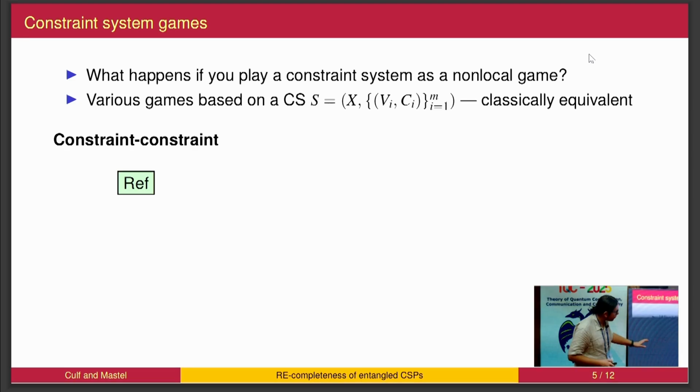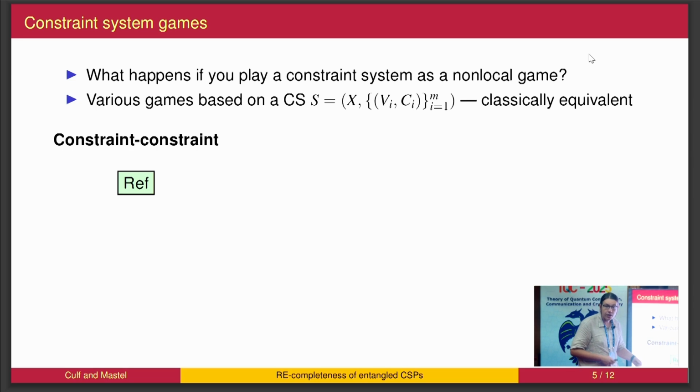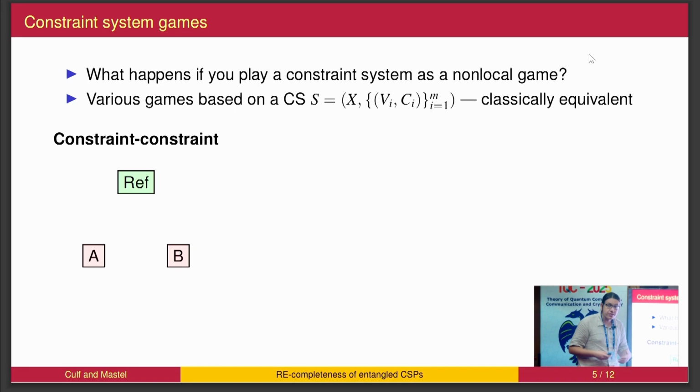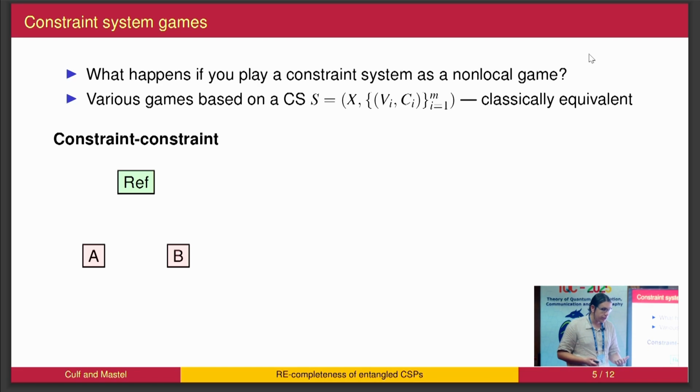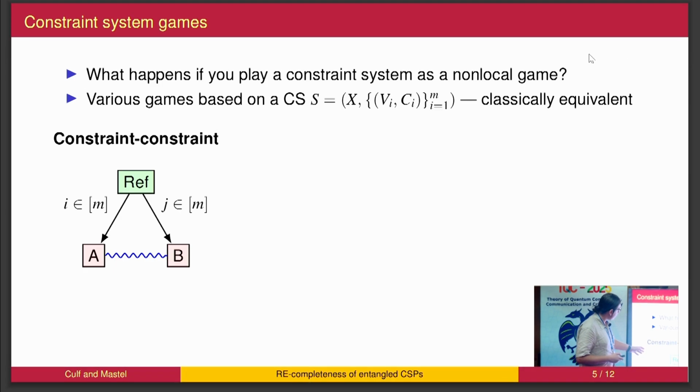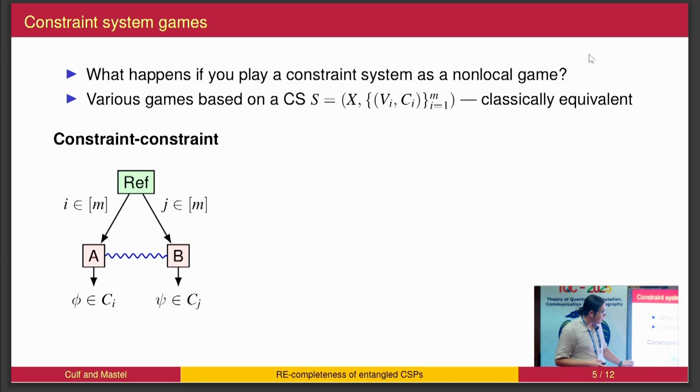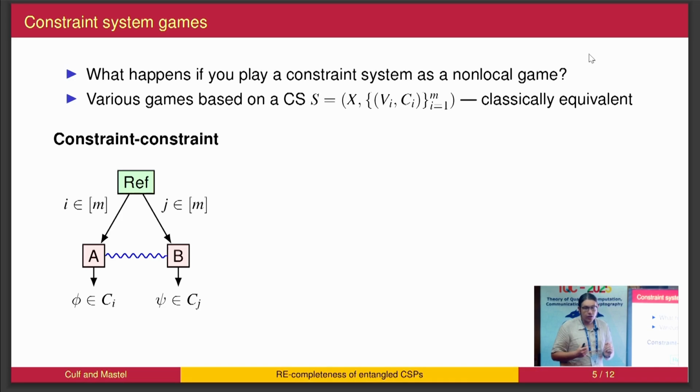So there's something called the constraint game, which, as the name suggests, consists of a referee and two players. And what the referee samples are pairs of constraints. The players each get a constraint, one of the constraints of the constraint system, and they should reply with assignments to that constraint, so satisfying assignments to just the variables in that constraint.